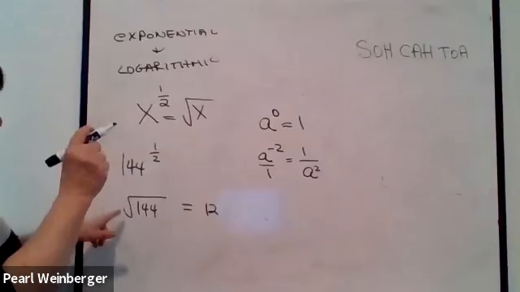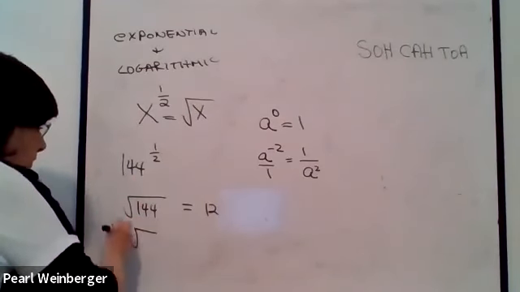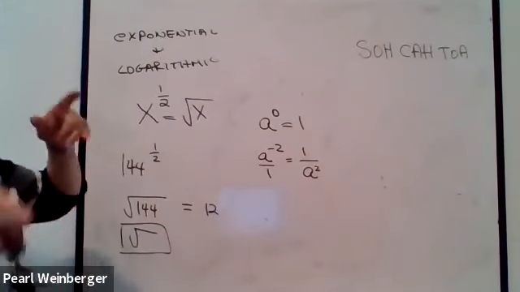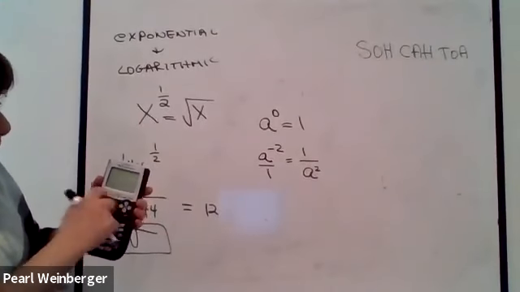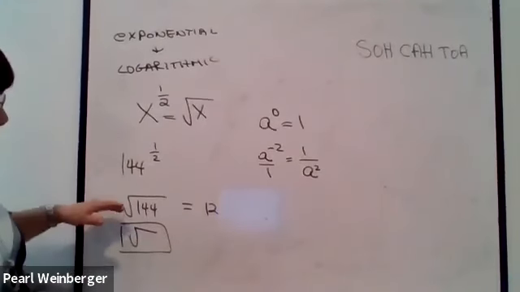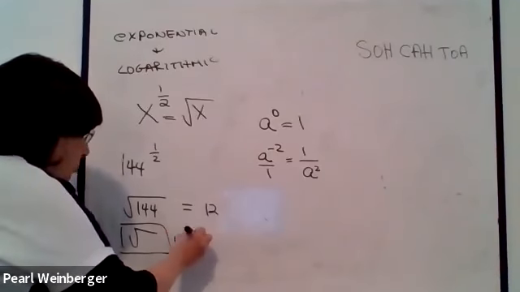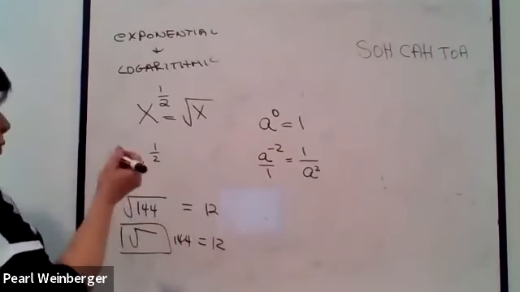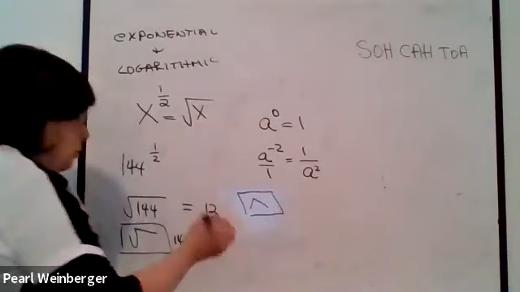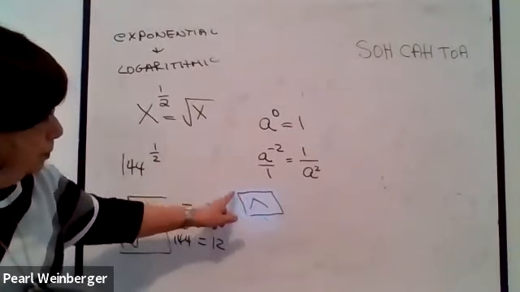You could do it on your calculator by pressing your square root button, whichever way you find it. Sometimes mine happens to be a second function. Anything that's written on top of your buttons usually means you first press the second button. When you press the second, the square root, and you put in 144, you will get 12. Or you could use what's called the exponent button. Most calculators have a button with a little arrowhead pointing up.